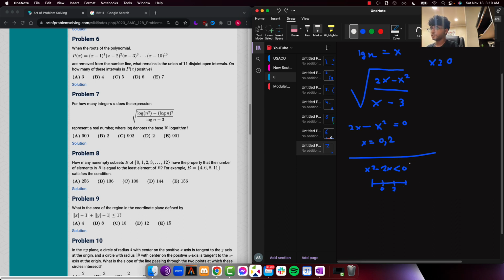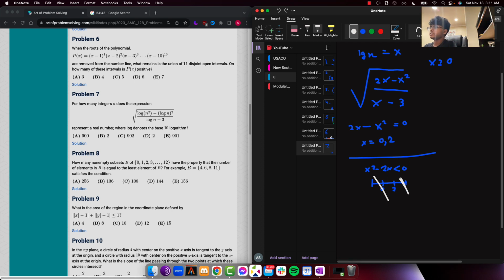If it's between 0 and 2, that won't work actually, because we know that 1 doesn't work in this case because 1 minus 2. Wait. Oh, okay. Never mind. Yeah, the way that we looked at it before was correct.